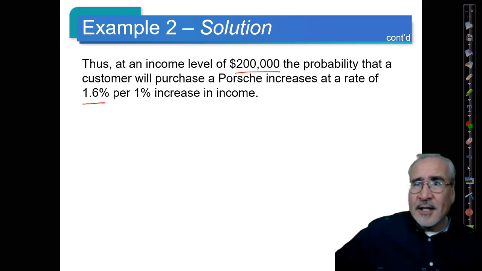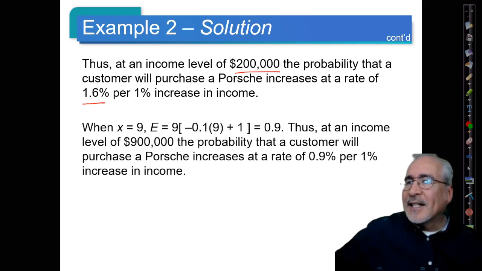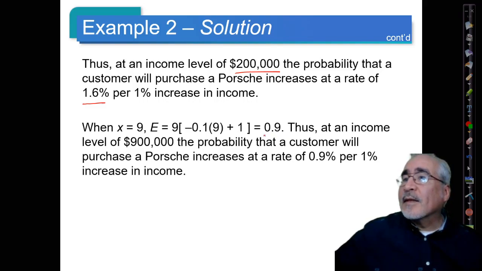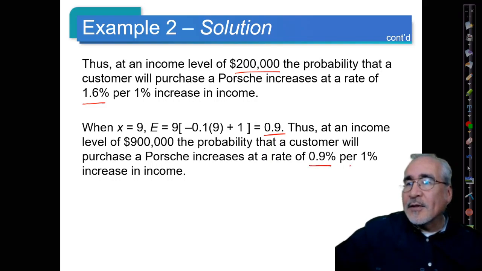I think we're going to get a much larger number, right? So we put in a 9, and we get 0.9%. Thus, at 900,000, almost $1 million, the probability that they're going to purchase increases at a rate of only 0.9% per 1%.